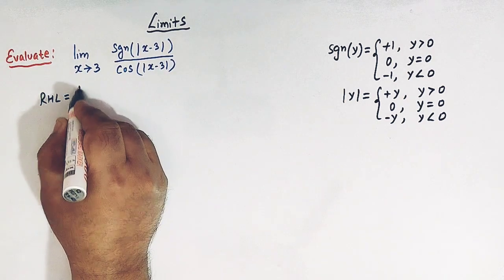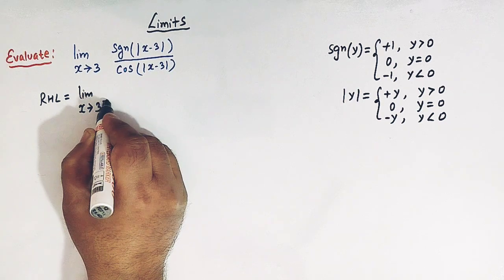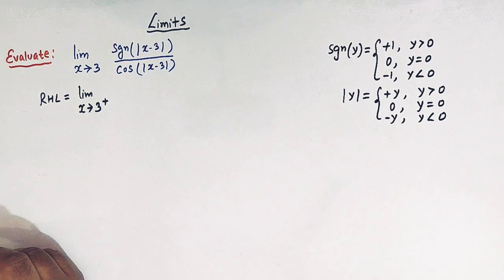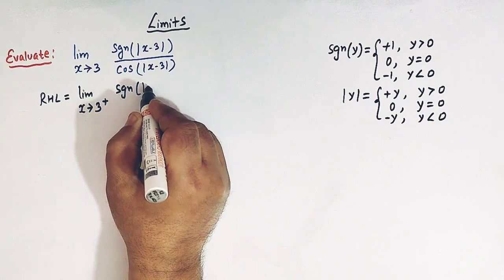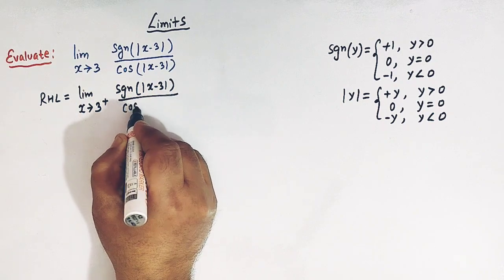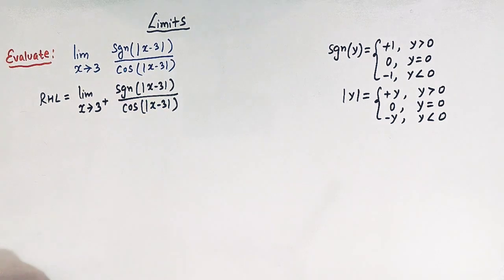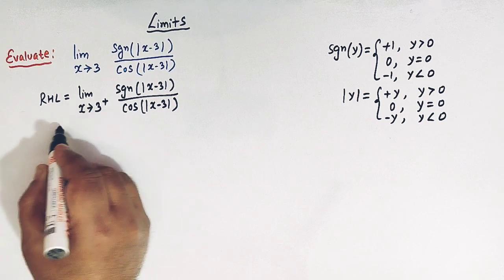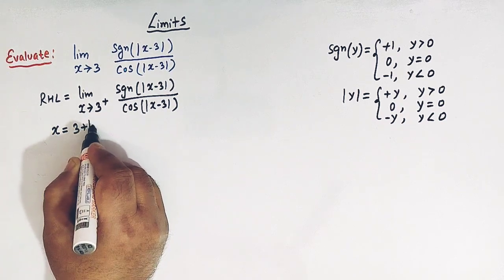The notation for the right hand limit is limit x tends to 3 with a positive sign, and we have the function signum of mod of x minus 3 divided by cosine of mod of x minus 3, right? Now we'll put x is equal to 3 plus h.